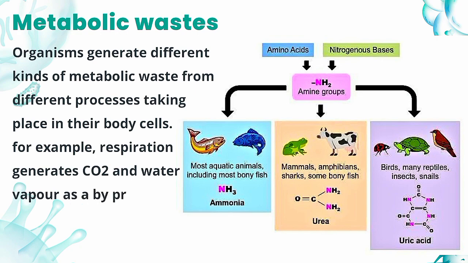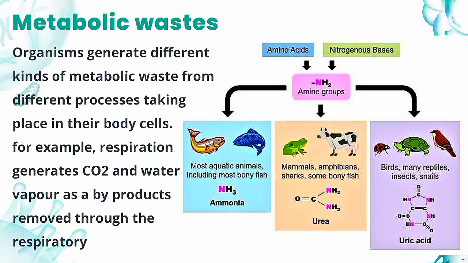However, there are other very important excretory products, which include ammonia. Ammonia is generated by various aquatic animals like bony fish. Another important one is urea.